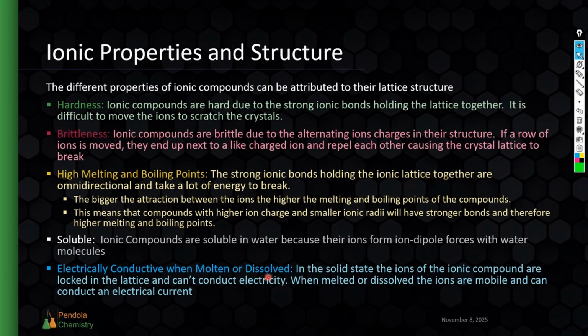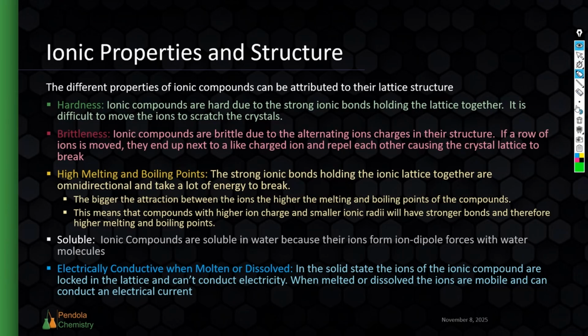Whenever an ionic compound dissolves or is melted, that ionic compound can now conduct electricity. In the solid state, ionic compounds do not conduct electricity. They're locked into the lattice and cannot conduct electricity. But when they're melted or dissolved, we get ions that are mobile and then can conduct electricity.